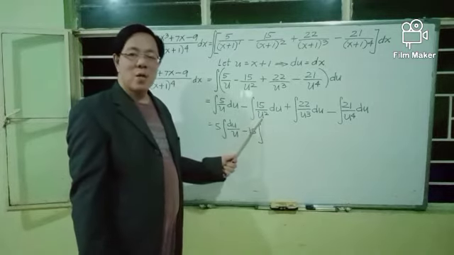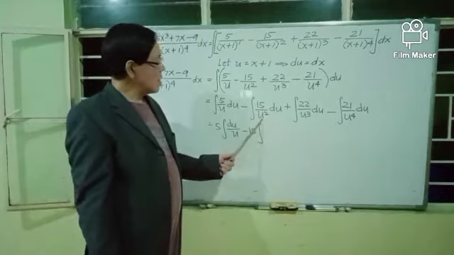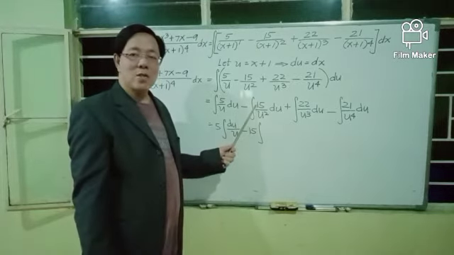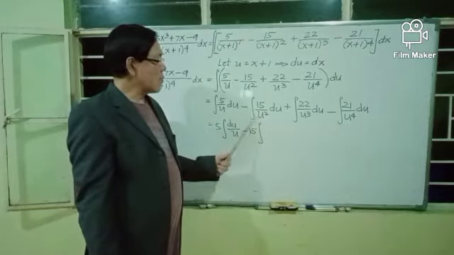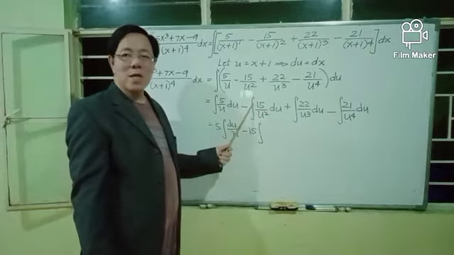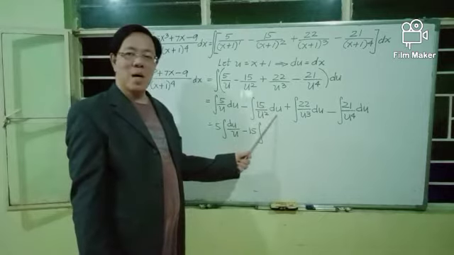And by property of exponent, if you bring this to the numerator, you take the opposite sign of the exponent of u. So u squared, if you bring that to the numerator, becomes u to the negative 2 multiplied by du.